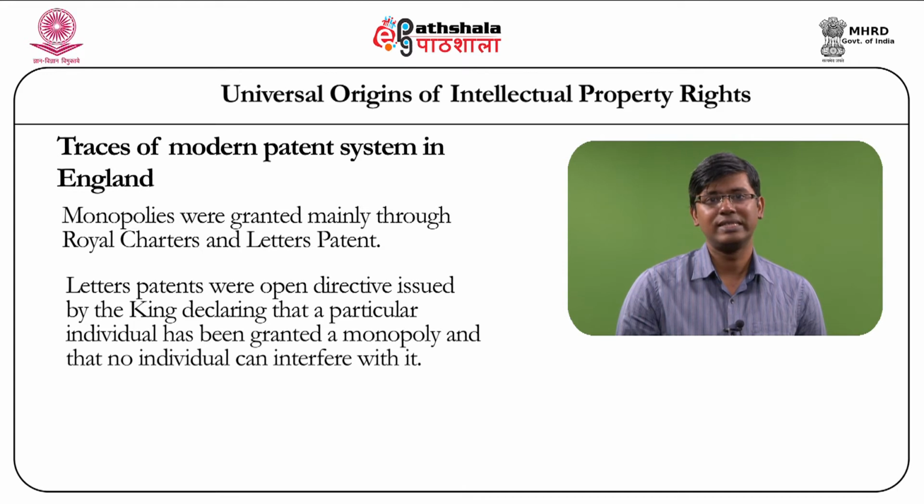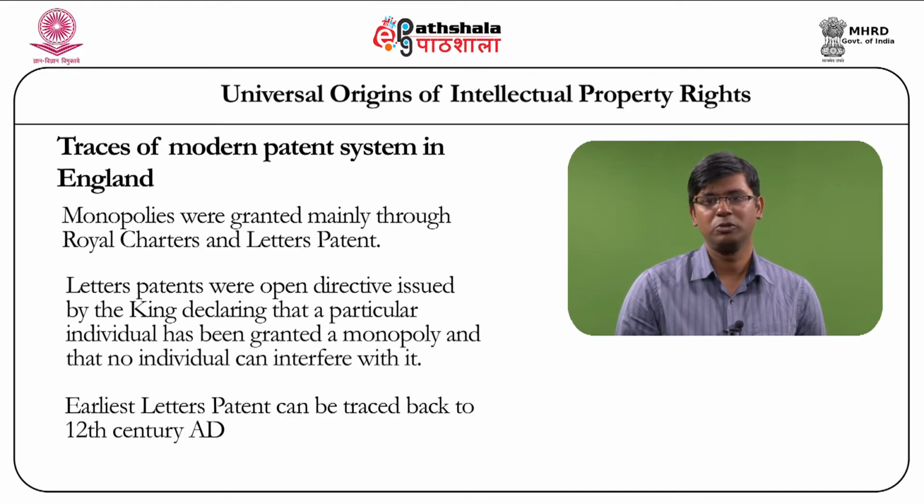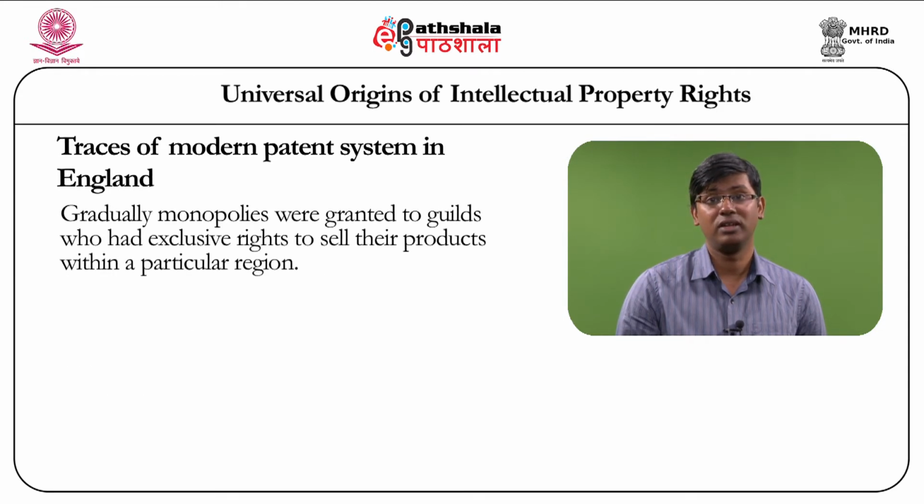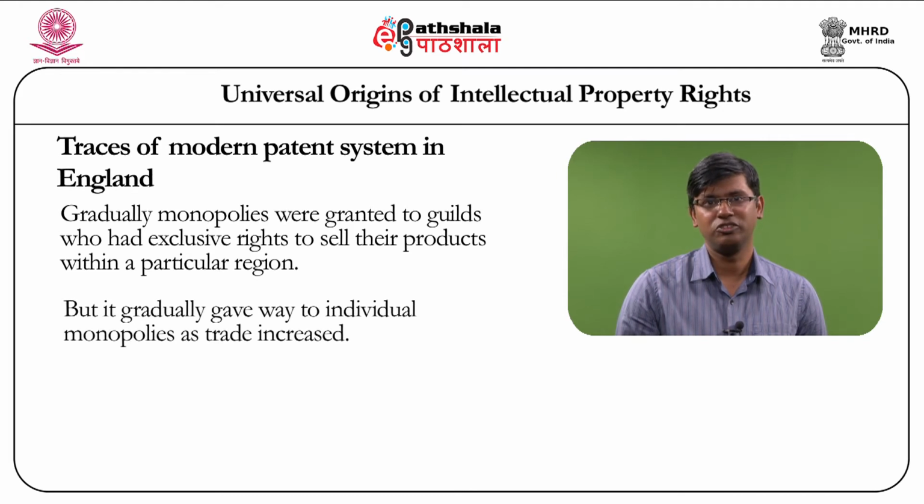Right? These earliest letters patent can be traced to the 12th century AD. Gradually, monopolies were granted to guilds who had exclusive rights to sell their products within a particular region. But subsequently, as trade increased, individual monopolies were being granted.